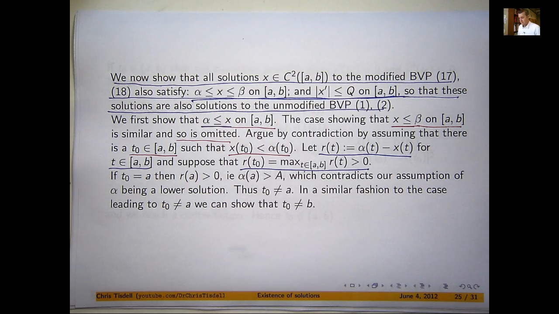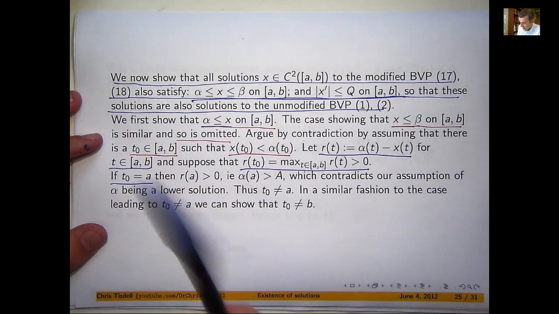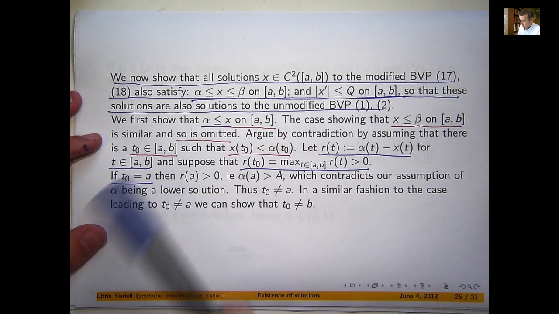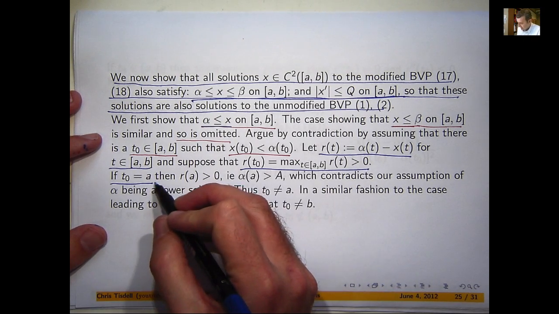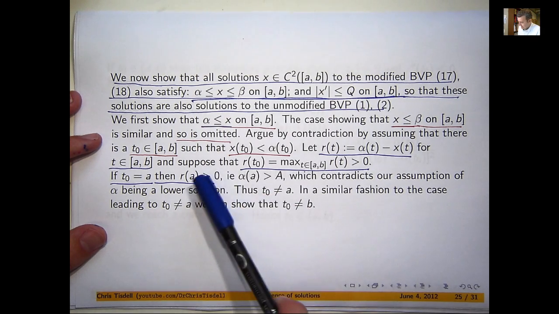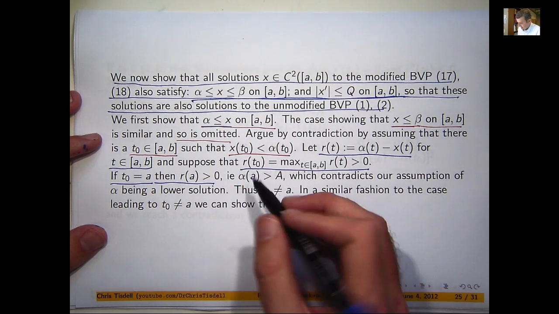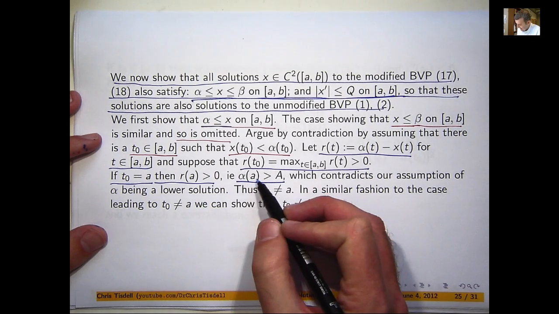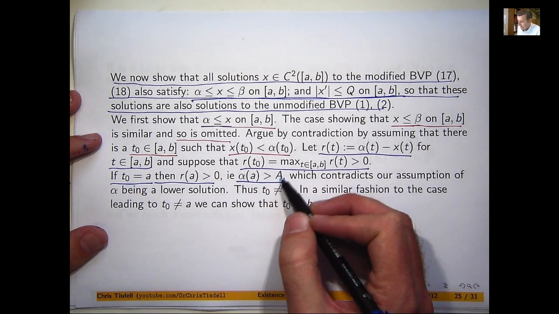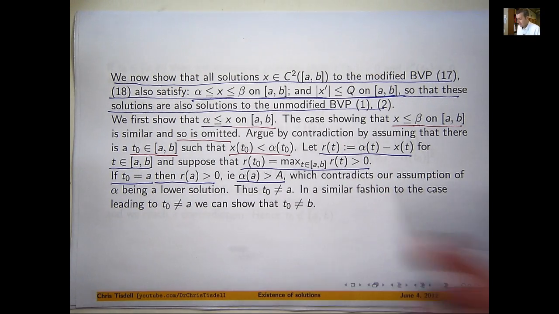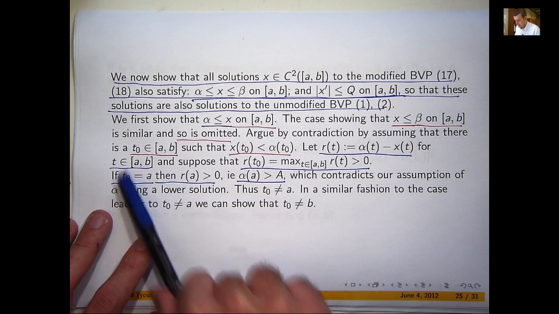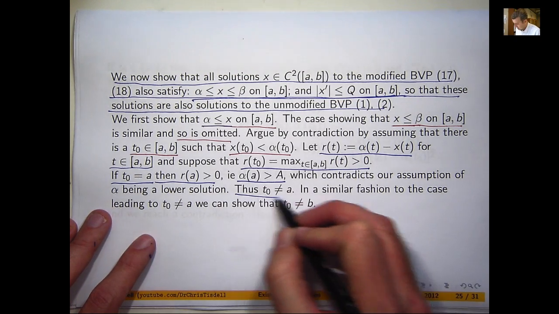Okay, well, let's go through a few different cases. If the positive maximum occurs at the endpoint, say the left-hand endpoint, then what this means is that r of a is greater than 0. In other words, alpha of a is greater than x of a, which is big A. And now this contradicts our assumption of alpha being a lower solution, basically because alpha of little a has to equal big A. Okay, so obviously t0 cannot be equal to little a.